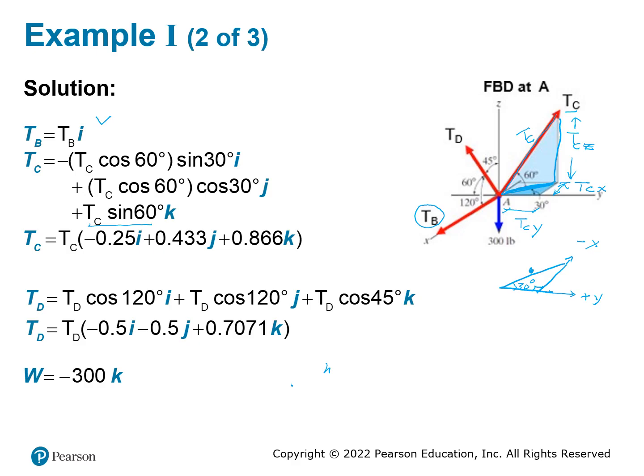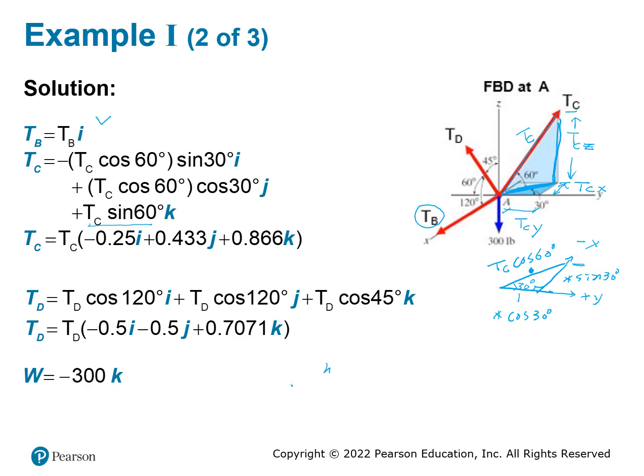So what is the amount of this one? This one is the adjacent side of the 60 degree angle in the triangle we just saw. So this part here is T sub C times the cosine of 60 degrees. And the component of this part is going to be multiplied by the sine of 30 degrees. Whatever hypotenuse we multiply by sine 30 degrees is going to be this side here. And this part here is going to be multiplied by the cosine of 30 degrees.